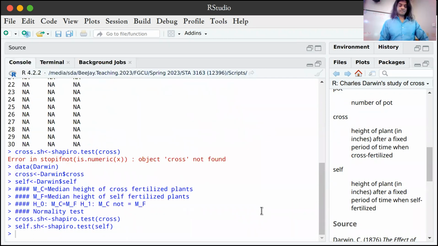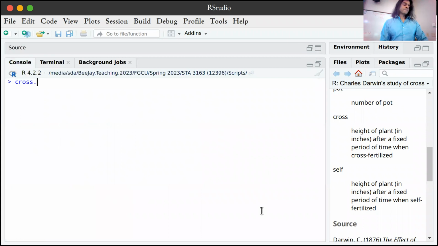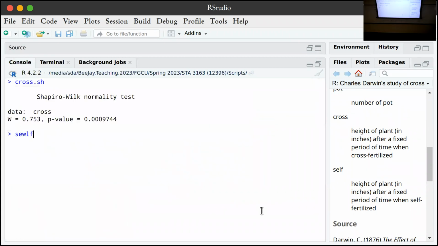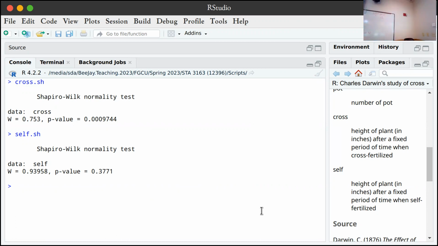Learn from mistakes. If you remember, if the null is rejected in a Shapiro-Wilk test, what does it say about the sample? Is the sample normally distributed or not normally distributed?